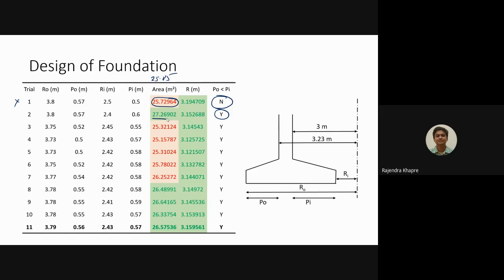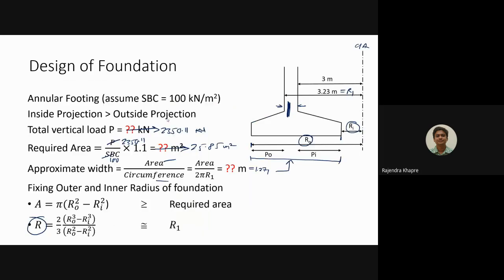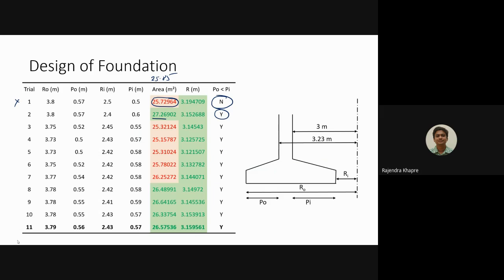As well as the R value, how will we find it? Using this expression. And this value should be as close as possible to r1, that is 3.23. So the R value is coming between 3 and 3.23, so this is okay, and it is slightly towards the outer side, so this is also okay.